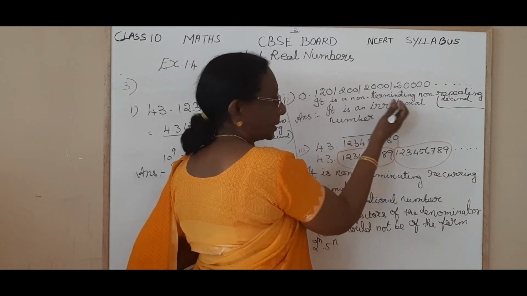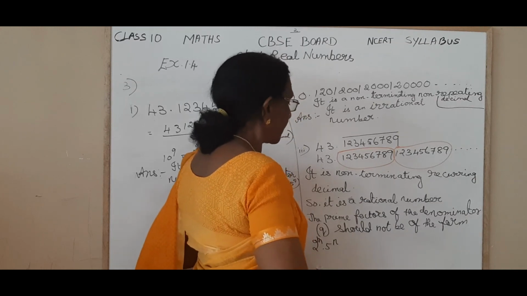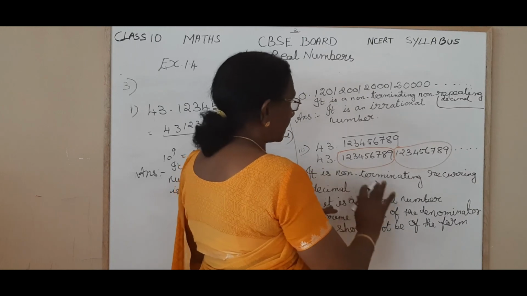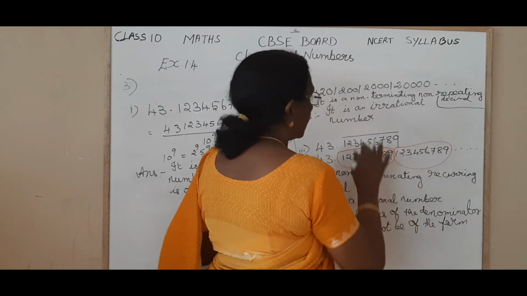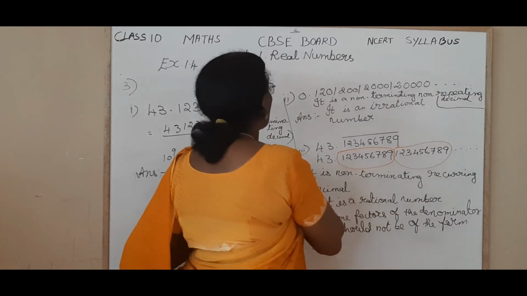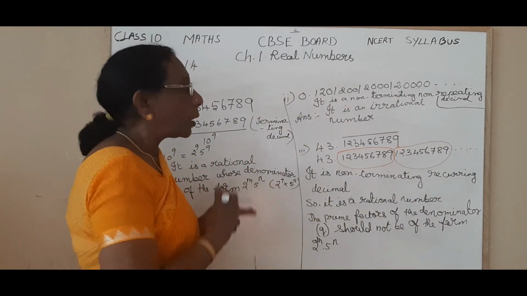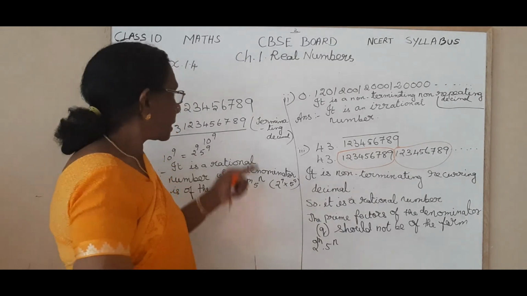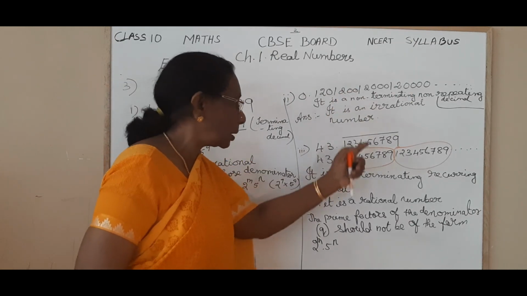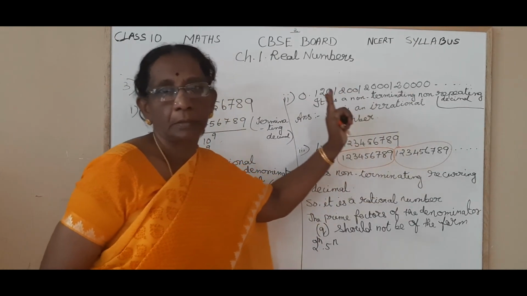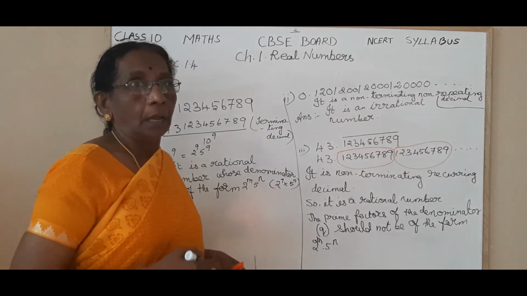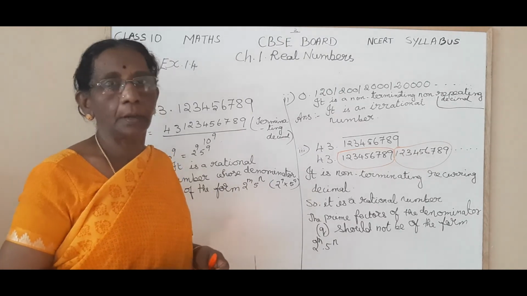Here it is non-terminating, recurring or repeating decimal, so it represents a rational number. Here it represents an irrational number, here a rational number, and here again a rational number because of the decimal expansions. Here it is terminating, this is non-terminating, non-repeating, this is non-terminating, repeating. Have you understood, children? So these are the important properties of the decimal expansion of the rational numbers.